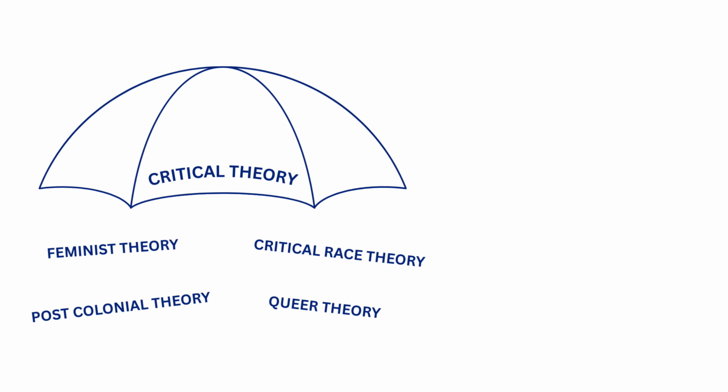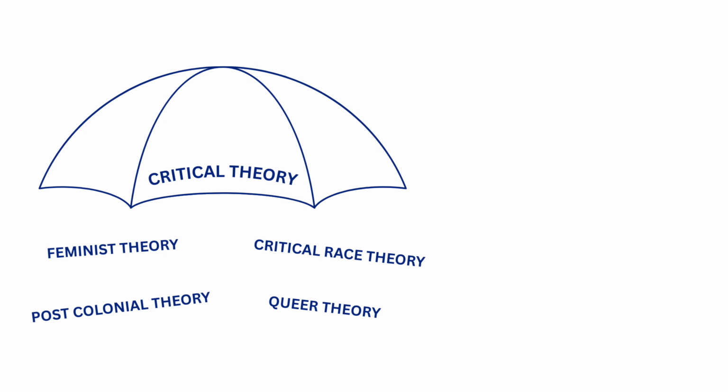So isn't critical theory the same as things like feminist theory, critical race theory, queer theory, critical realism? They're related, but they're not exactly the same. Think of critical theory as a broad umbrella, and then underneath that, you've got more specific approaches like feminist theory, critical race theory, post-colonial theory, queer theory.